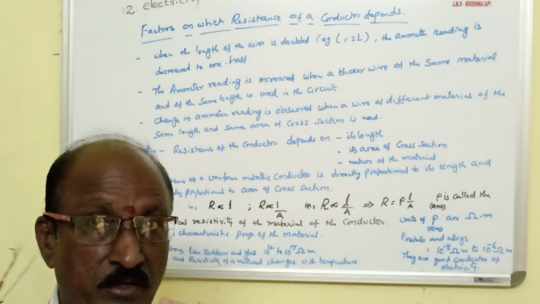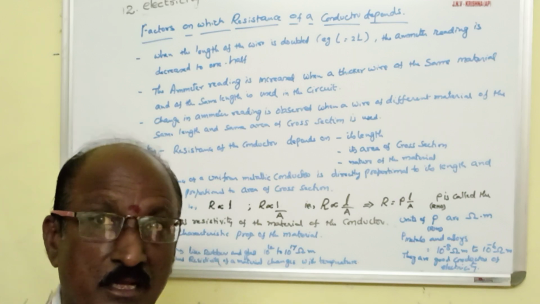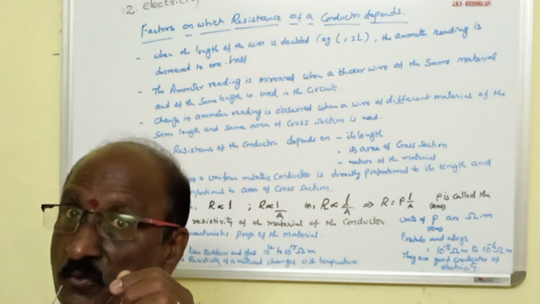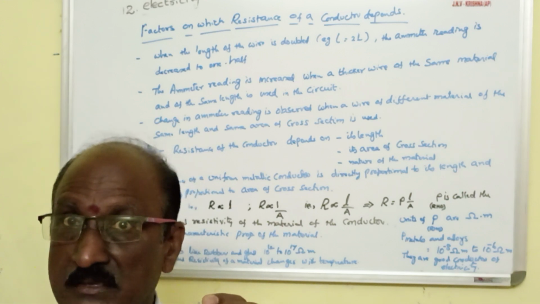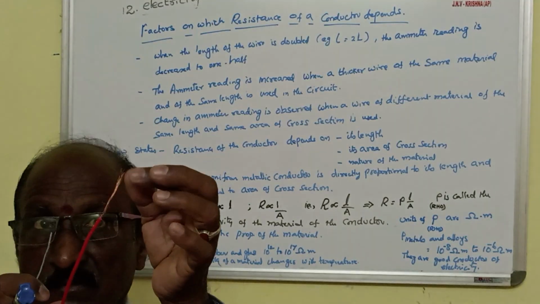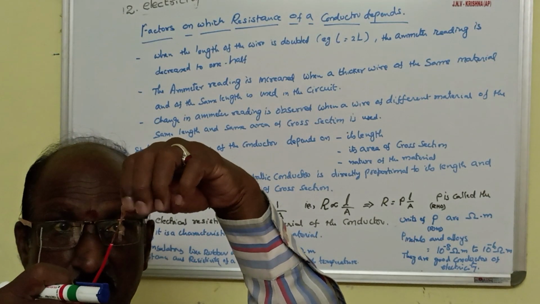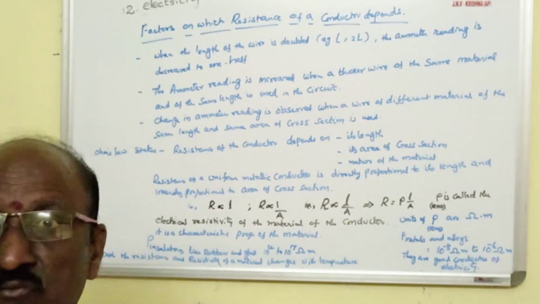For different appliances, the current requirement is different. That is why he prefers to use different kinds of wires. So for many purposes, this kind of multi thin wires, a combination of copper wire or aluminum wire, is preferred.